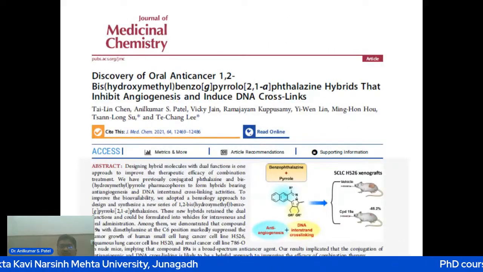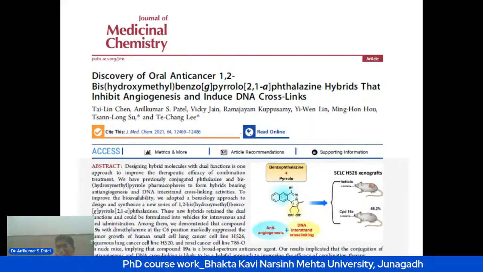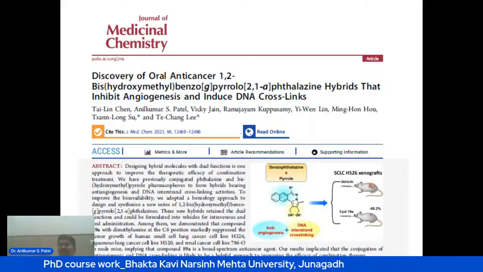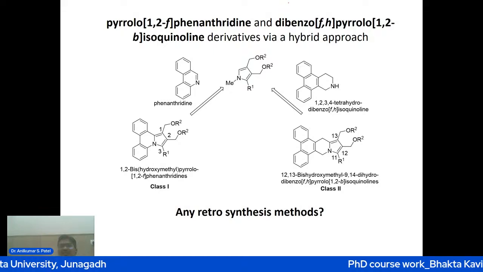Now I am going to show another of these types of drug design we have done in previous work, the pyrrolophenanthridine.